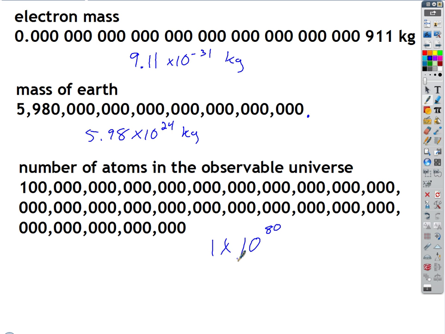But technically that is right. I would say I consider that scientific notation, since the one just applies. You're just multiplying by ones. So it's a 1 followed by 80 zeros.